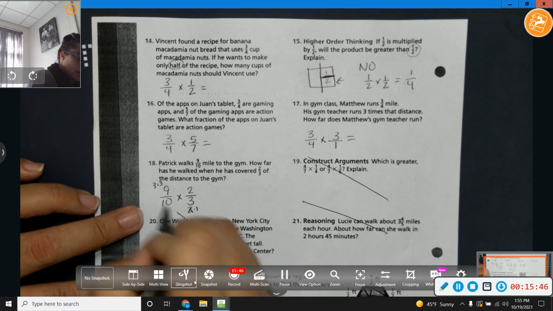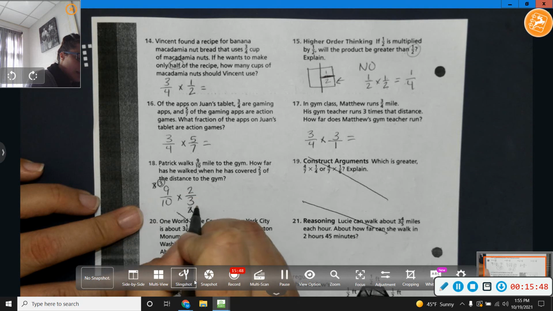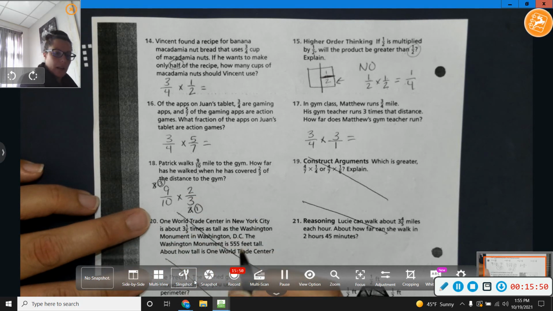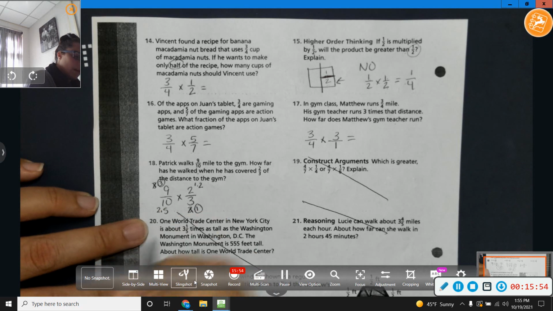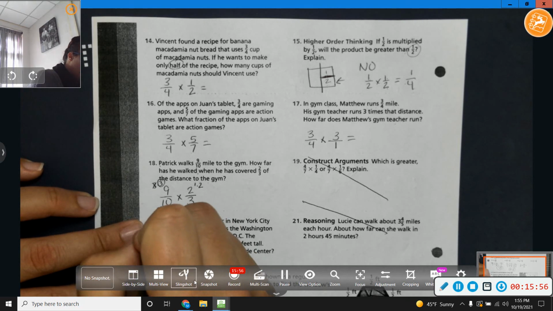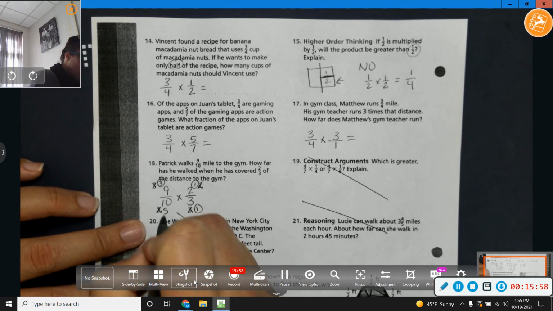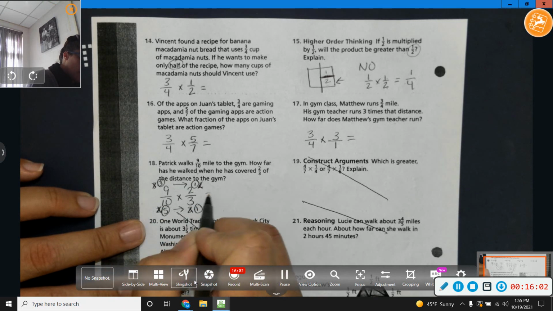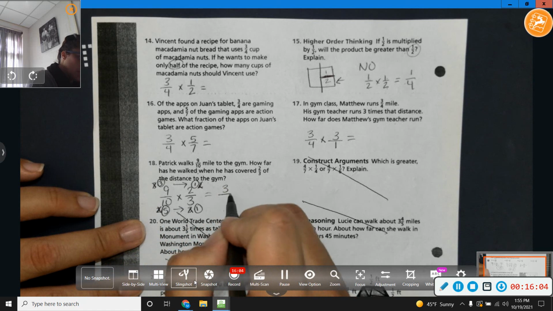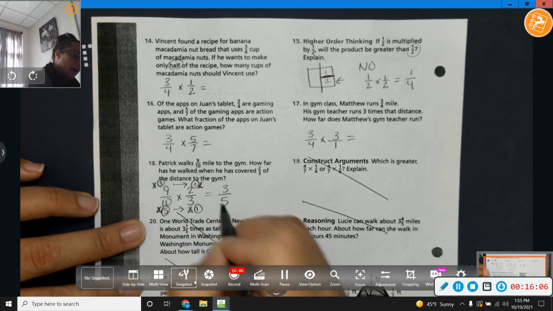I cross off the ones that are the same. I keep the ones that are left. 1 times 2 is 2. 2 times 5 is 10. I cross off the ones that are the same and keep the other. So when I multiply, I get 3 times 1 is 3. 5 times 1 is 5.